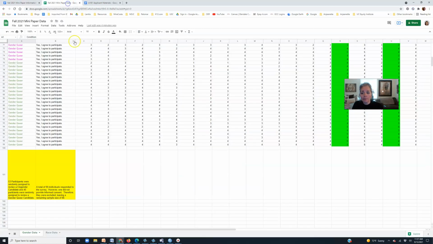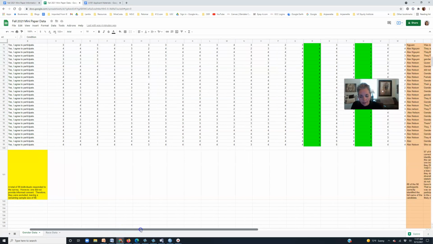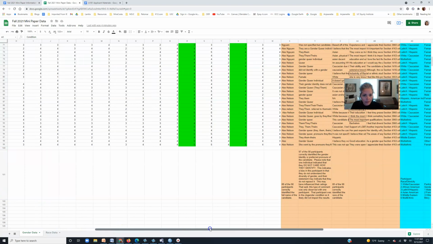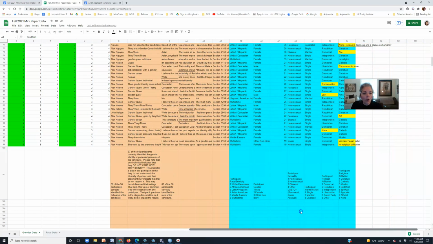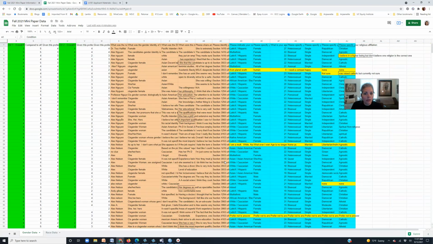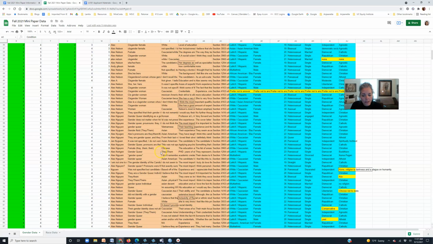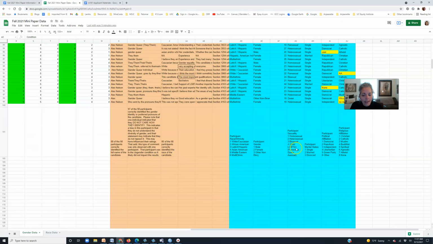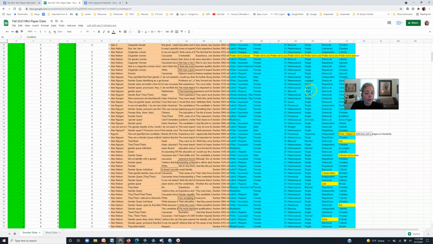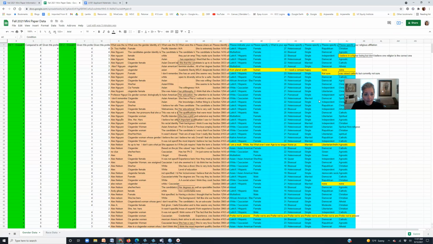So let me take you back to the data page. So this information is really relevant when you're describing who your participants are, how many you had, where you got them, right? And then over here to the right, in the blue. So the orange is our manipulation check data, and then our blue is our participant data, okay?